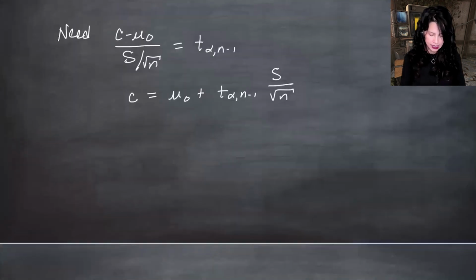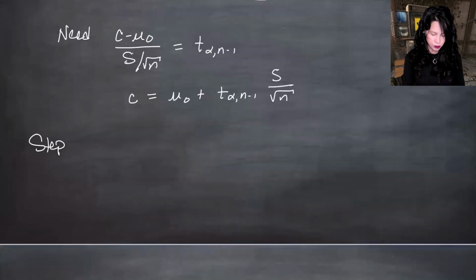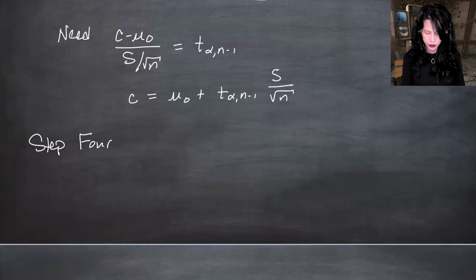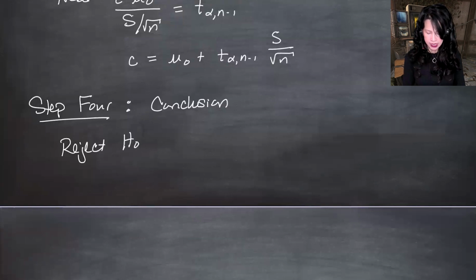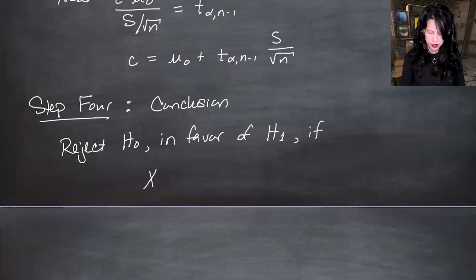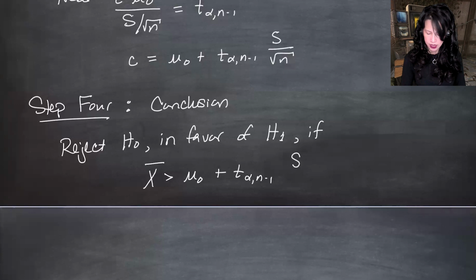We have found C. And step 4 is to just bring it all together with your conclusion. So we're going to reject the null hypothesis in favor of the alternative if x bar is greater than this C we just found, which is mu naught plus T alpha, n minus 1, S over the square root of n.